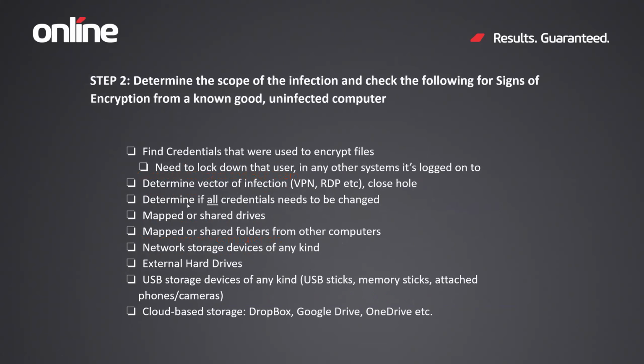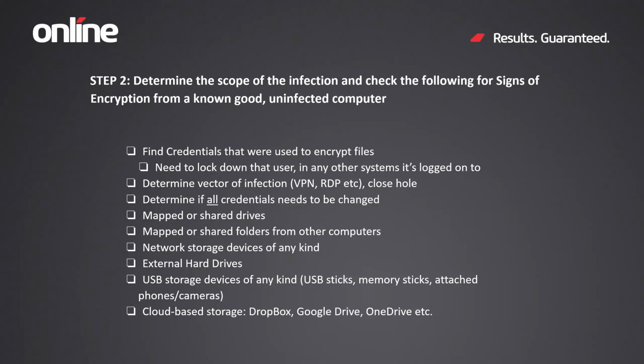Step two, determine the scope of the infection. Basically, this walks through what I need to look at in my environment to figure out if ransomware is in other areas. Is the ransom file located in other areas of the system? Is it out on my Dropboxes or in my Google Drive? Is it in my OneDrive? Basically this is saying find a good non-infected computer and start looking for where else it might be located on your system.